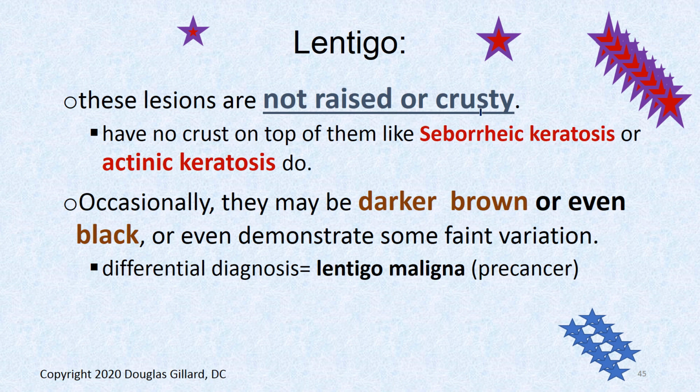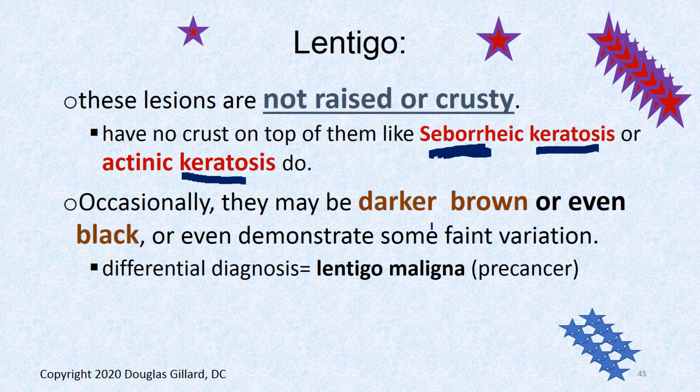These are not raised lesions. If you can close your eyes and you feel it, it's not a lentiginous lesion. We'll talk about the keratoses later, super common. The seborrheic keratosis, the great imitator, and the actinic keratosis, that's considered pre-squamous cell carcinoma.